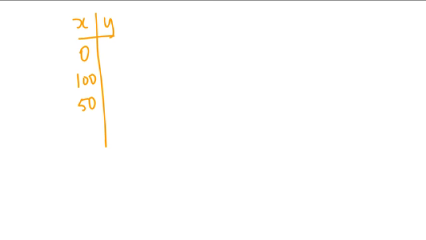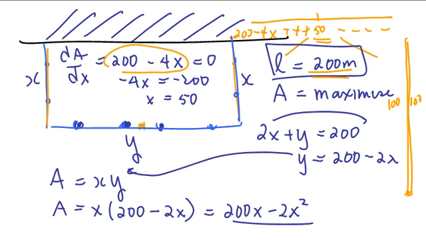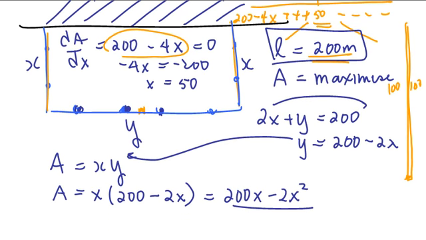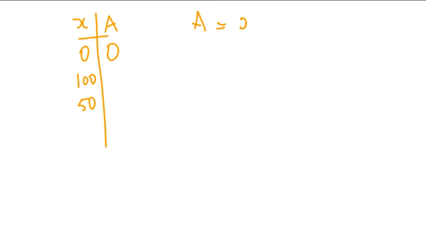And if I plug that into my area function, I want to find the maximum area. So it shouldn't actually be y, because I've let y be something else. I want to calculate the area. So the area when x is 0 is 0, and when x is 100, I'll just write the area function again here just so we don't lose it. 200x minus 2x squared.